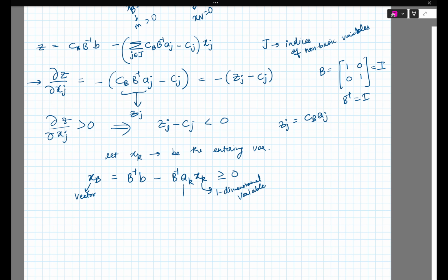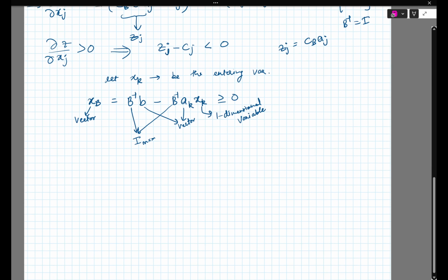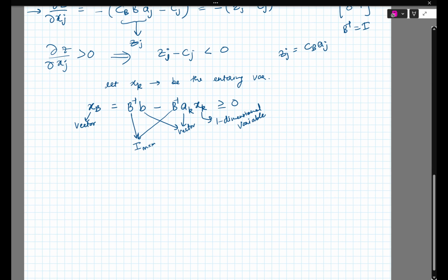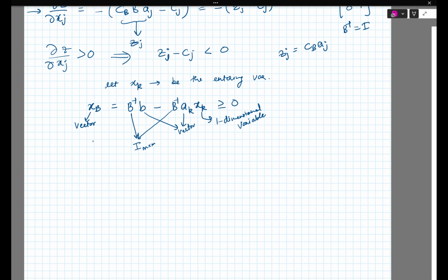This is a vector and this is also a vector. This is an identity matrix in our case at least. So you want to choose which of the basic variables in this vector; for example, in our case, the basic variables are x3 and x4.